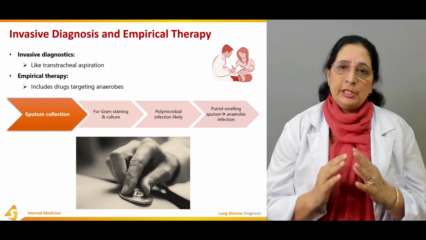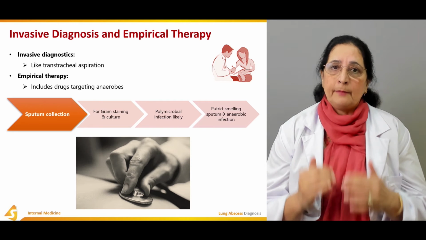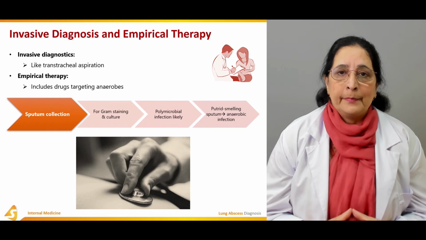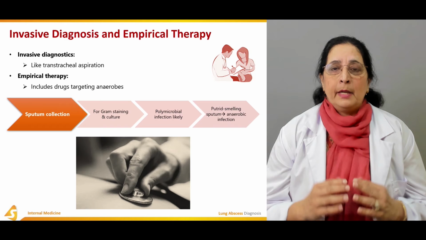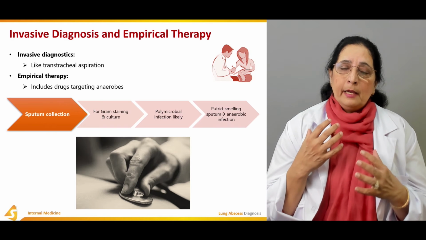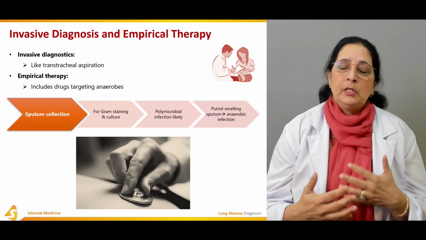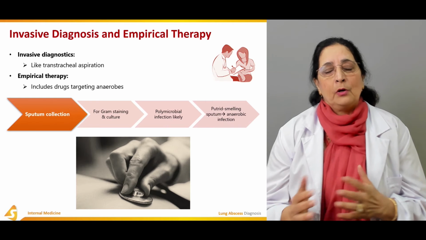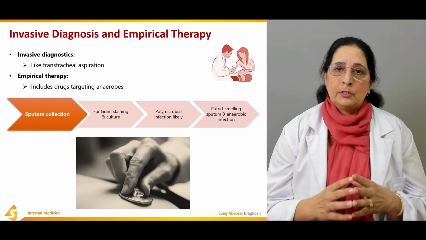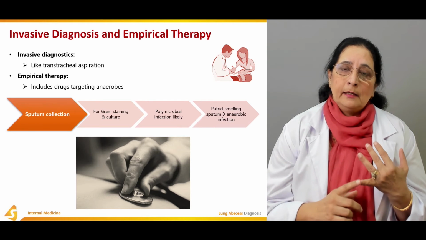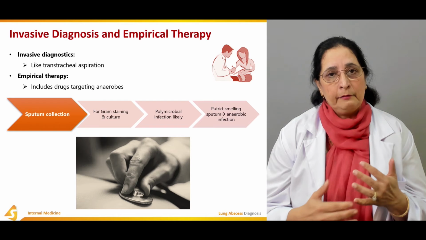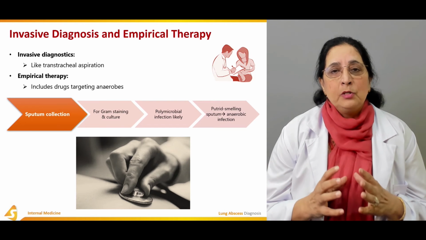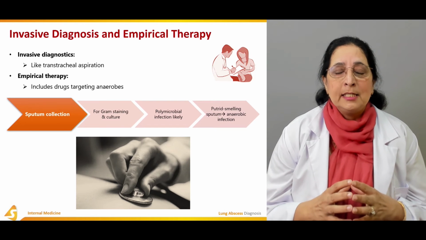So the differential diagnosis: we have some conditions that should be differentiated from the lung abscess, and the primary feature of these is also the formation of cavity. That's one of the features of the lung abscess also. So conditions like lung infarction, in which there is death of the tissue, can lead to the formation of cavity.